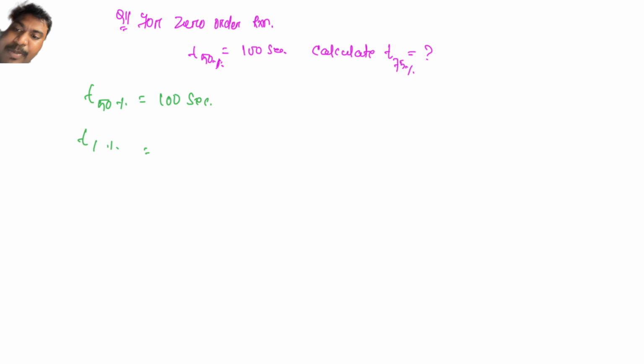For completion of 1% it will be how much? 100 by 50, it will be 2 seconds.